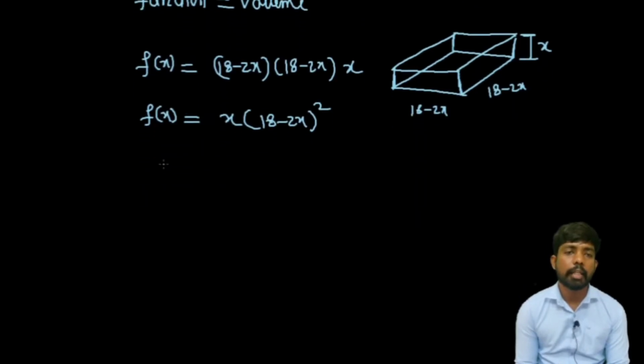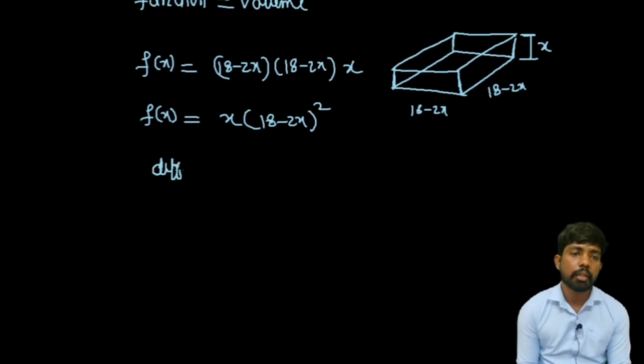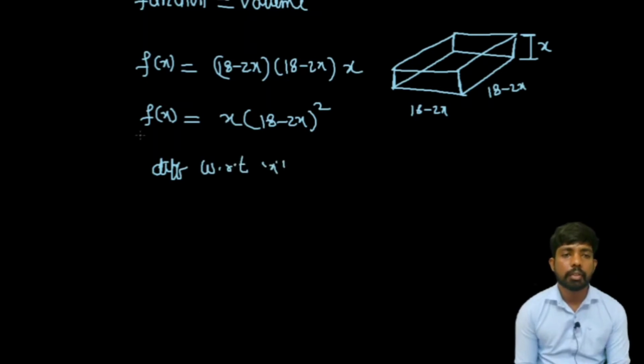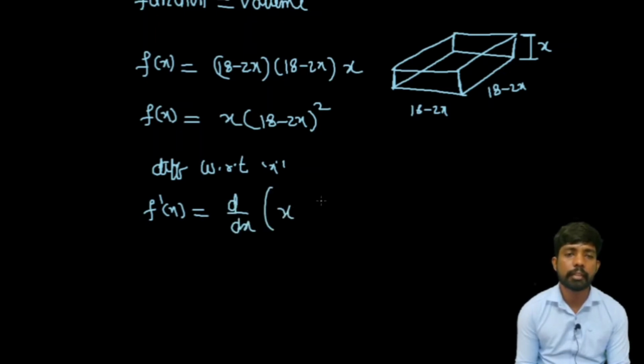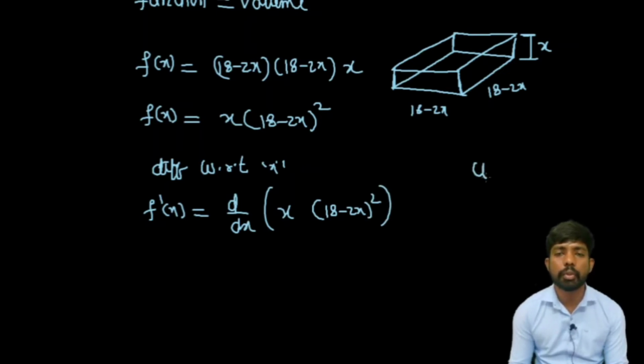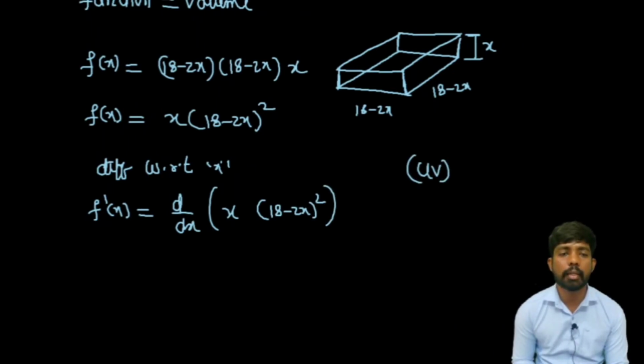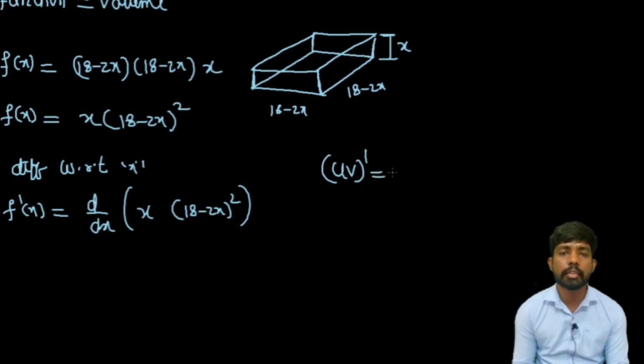Now from here, differentiate the function with respect to x. So f dash of x, using the UV rule. Differentiation of x into (18 minus 2x) whole square. The UV rule formula is (UV) dash equals UV dash plus VU dash.